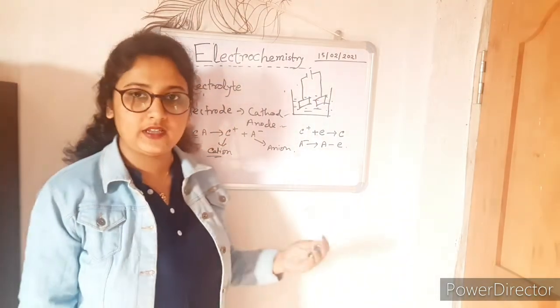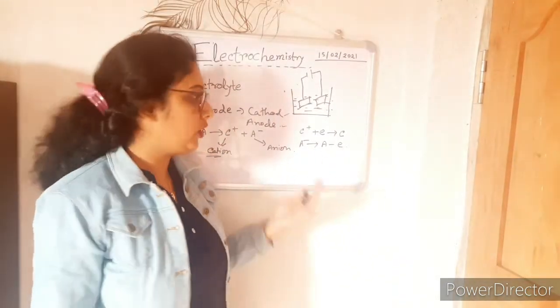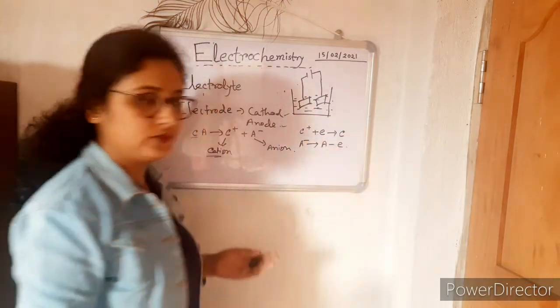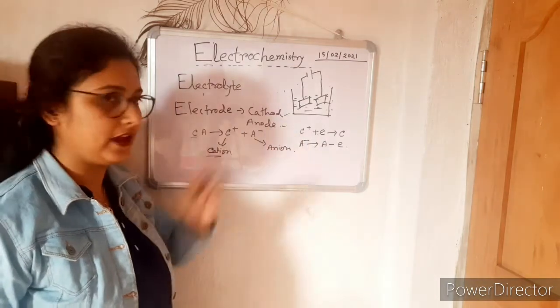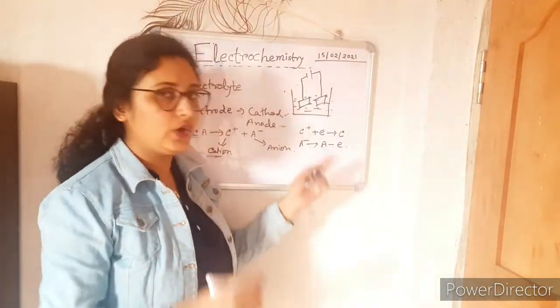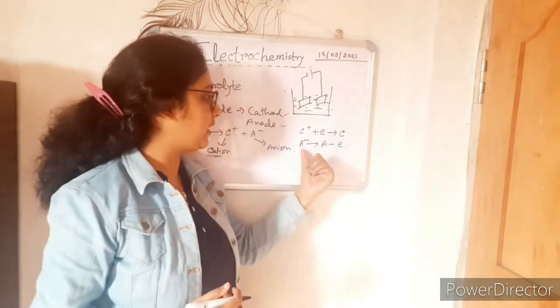So cathode material is the type of material which can give electrons to the cation, and anode material is the type of material which can accept electrons from the anion.